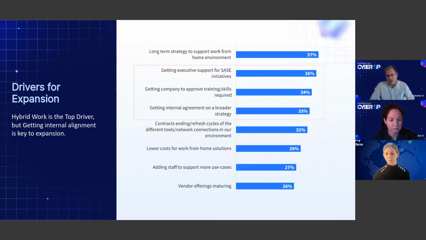Some of this is dependent on vendors as well. Because there's so many tools at play, some of this is just waiting for refresh cycles, and that's, I think, a reality. It's not the best reason, but it is a reality for a lot of organizations. And some of these offerings are newer, and so there is a small percentage here, about a quarter of organizations, that say as vendor offerings mature, they'll be more willing to expand.